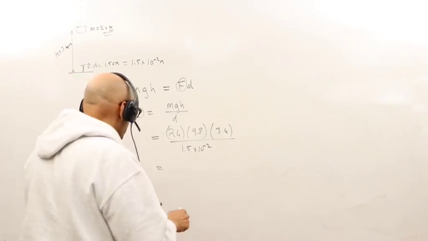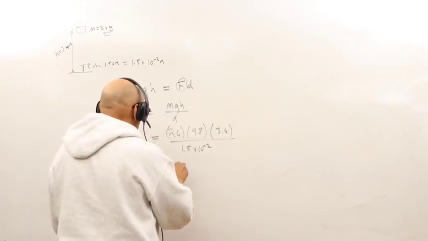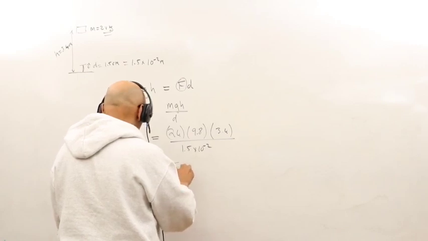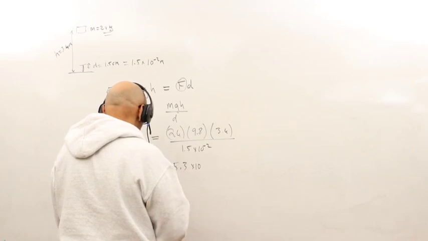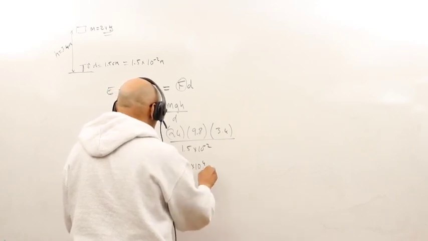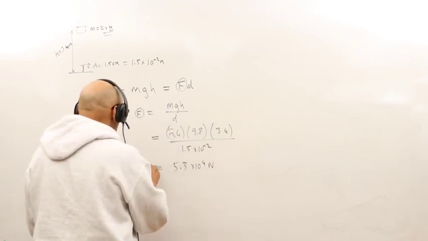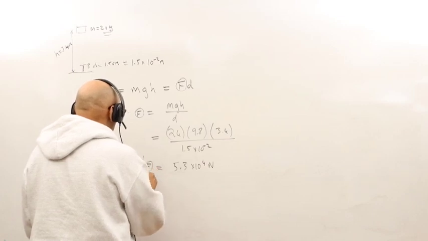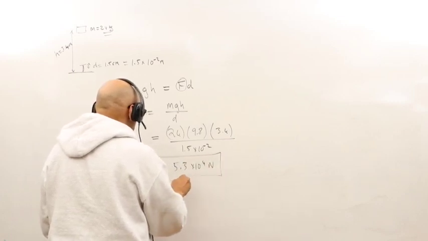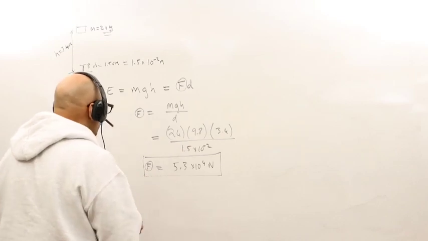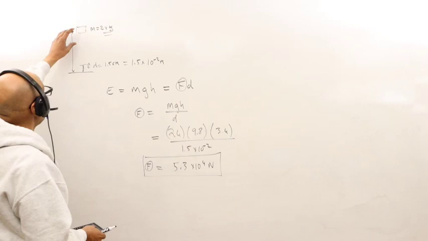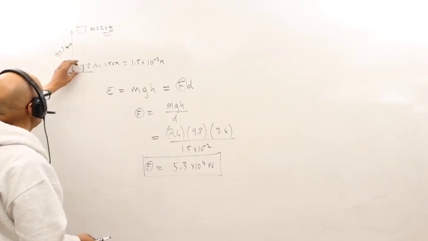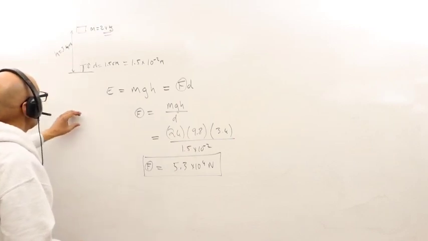We get 5.3 times 10 to the 4 newtons. So the maximum applied force on the nail could be at most 5.3 times 10 to the 4 newtons, assuming all the potential energy at the top was translated into driving the nail into the wood or into the floor.